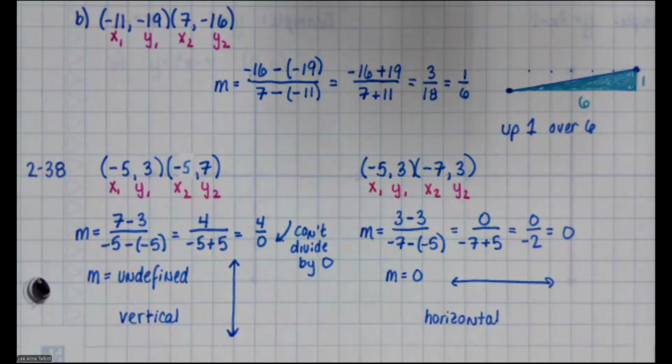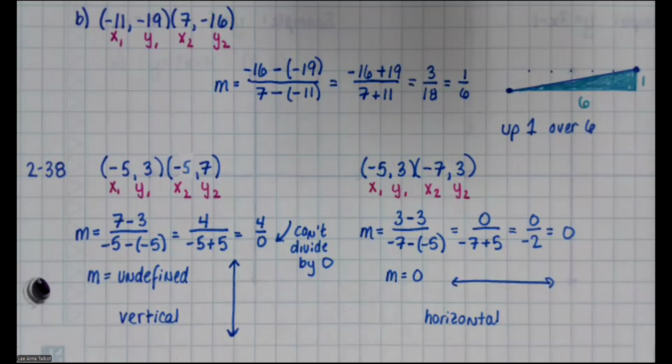Now I have some people in here who are really good at finding math patterns. If you're really good at finding math patterns, before you do all of this beautiful work, you can say, oh, the -5s match, which means that it's going to be vertical and the slope is undefined.